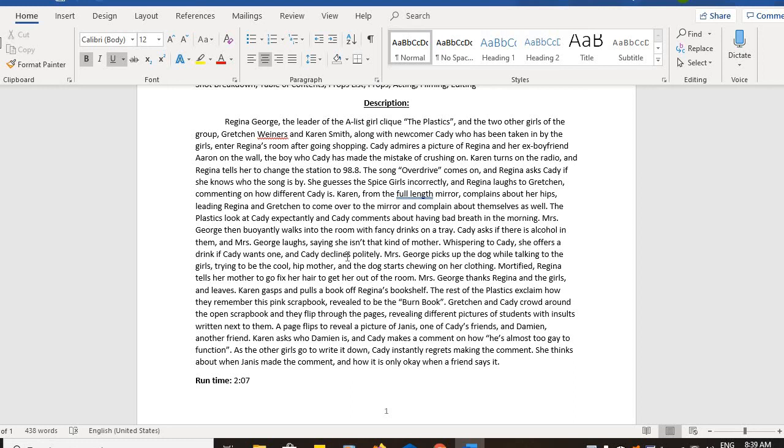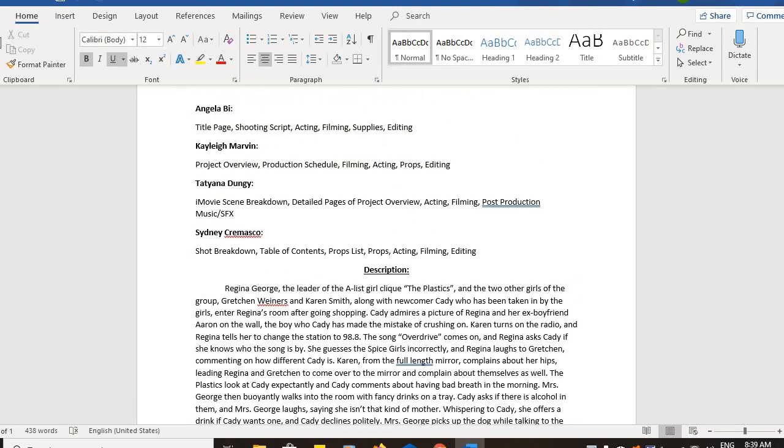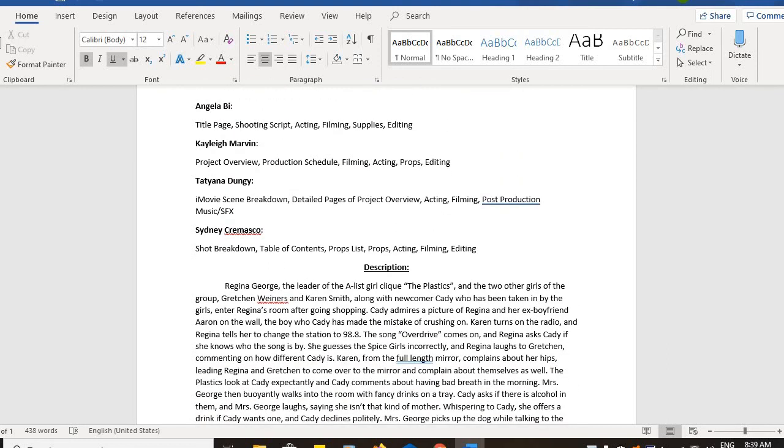So, the description of your film is something that will help me to understand what I'm about to read, all the information that is about to come afterwards. So, page 1 of the project overview. Quite simple. Sit down, take your group members, and divide up all the work that it takes to complete this project, and give everybody equal amounts.